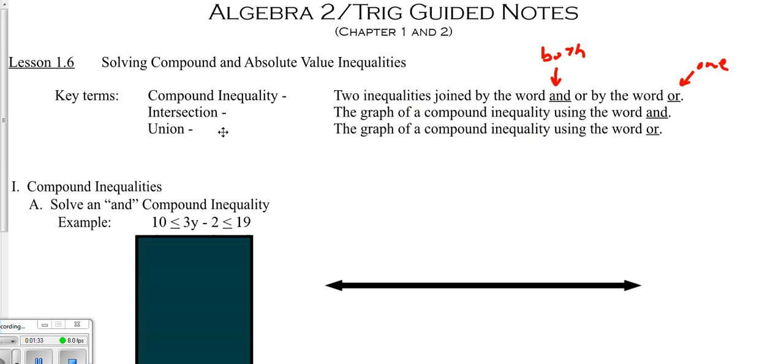They get a little more specific. Intersection is what it's called when you use and. It's the graph, like on this number line, the graph of a compound inequality using and. A union is the graph of a compound inequality using or. So intersection, again, these intersect. It only works for both. Union, or. Either or is true.